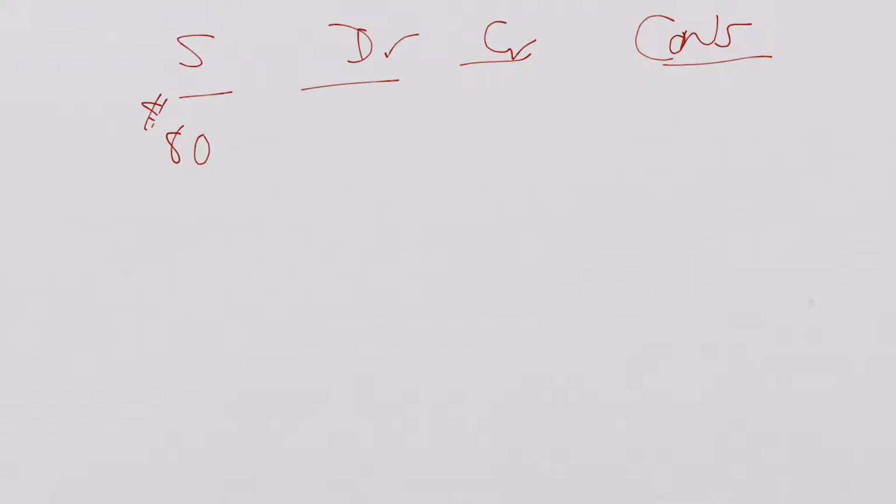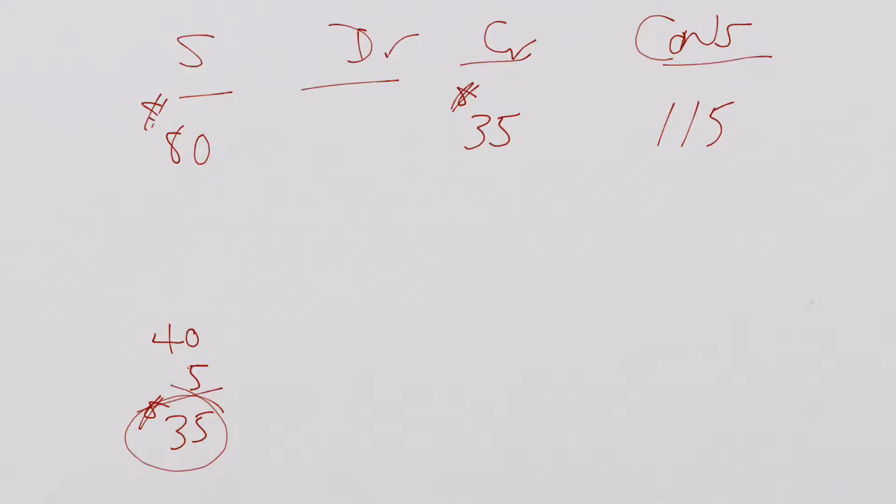So in year 2, we've already taken the 40 differential and we've already reduced it by 5 at the end of year 1. So to get the right opening balance for year 2, we're looking at a 35, so 35 comes over here, and the consolidated will then be whatever that is, 80 plus 35, so that's 100. Was that 115? Do I have that right?